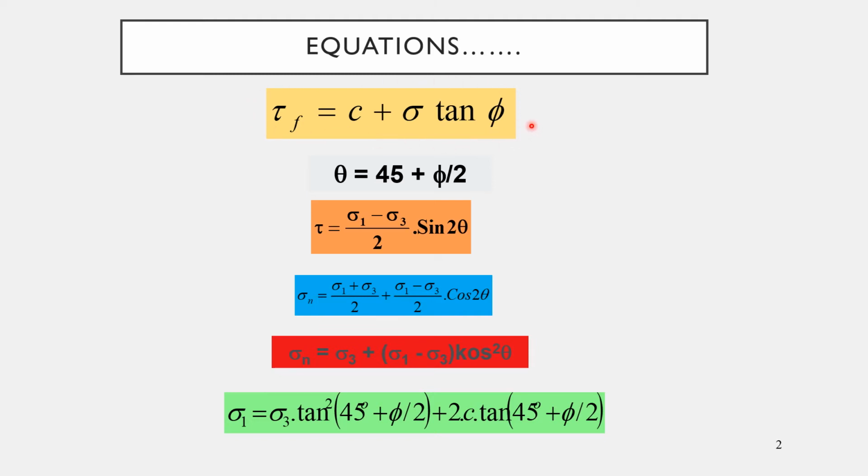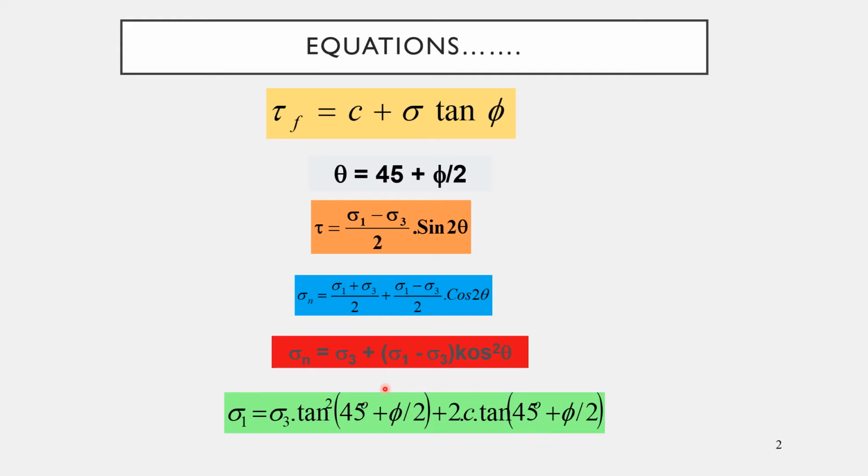So by solving the two equations, you will get this long equation, where you can find out the major principal stress value with whatever parameters are given that suit these equations.